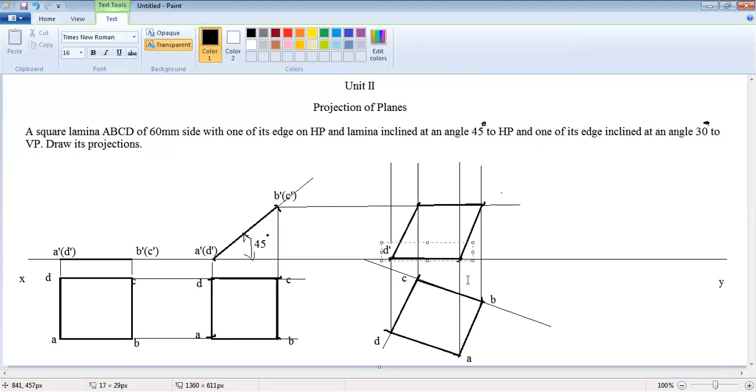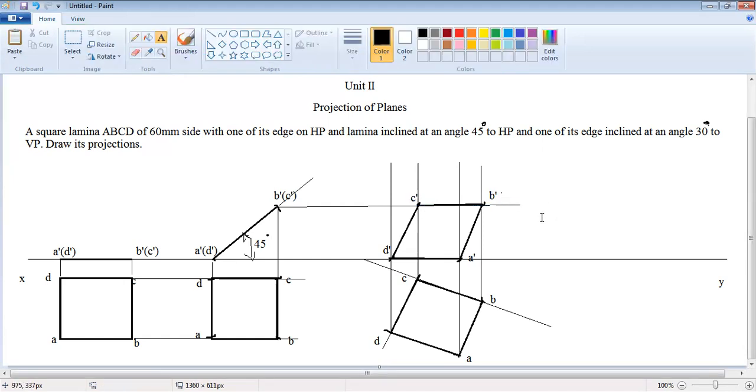B dash, A dash, B dash, C dash. This is the final view of the inclined position.